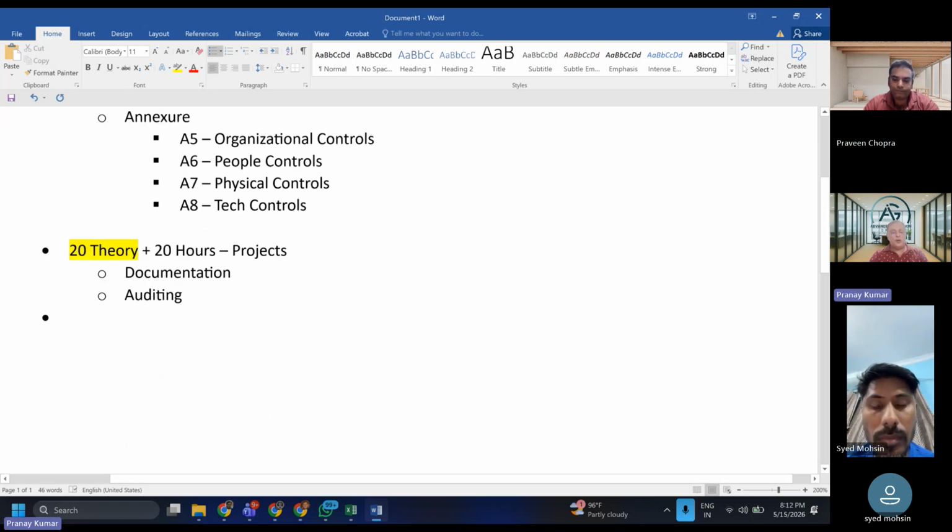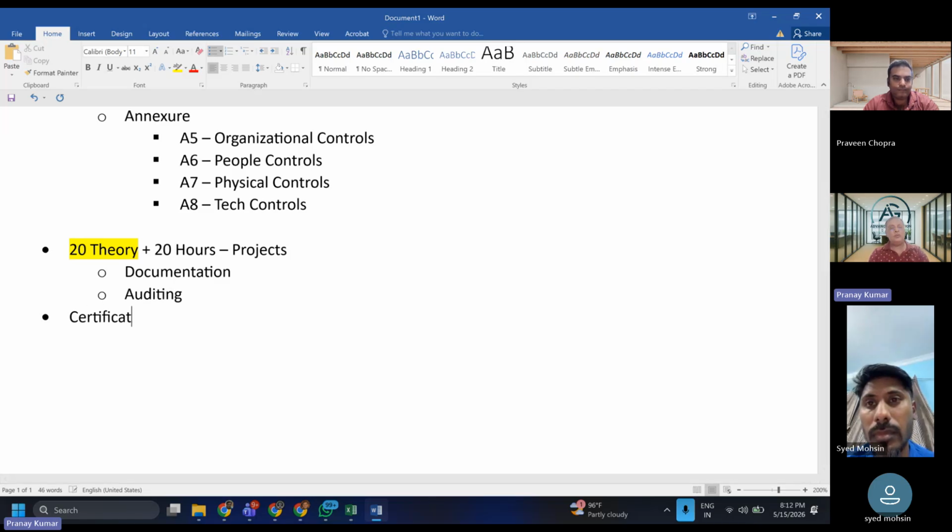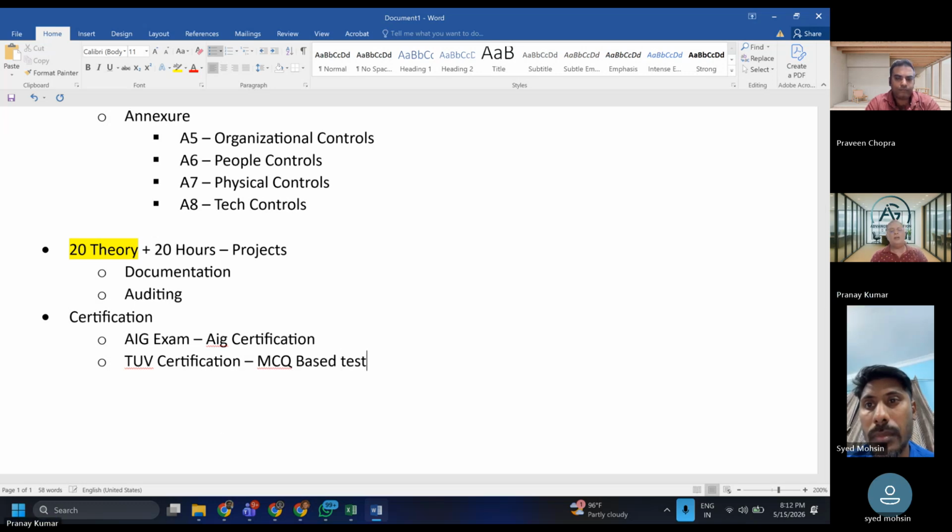After completion of your program, you need to write an AIG exam to get an AIG certificate. You can also choose to get the TUV certificate. They will take an MCQ-based test, the completion of which will result in you getting certified by TUV.